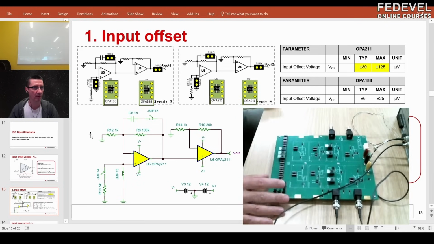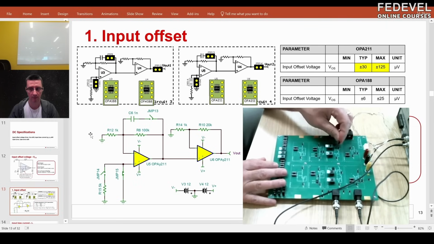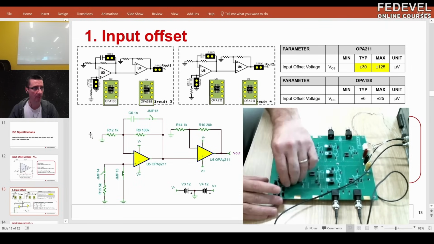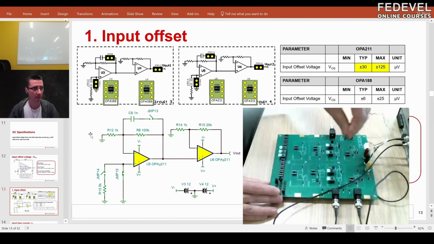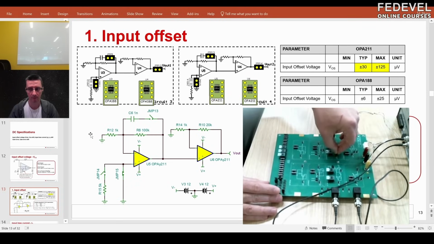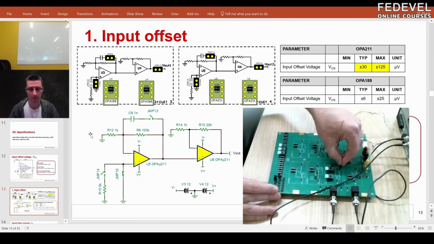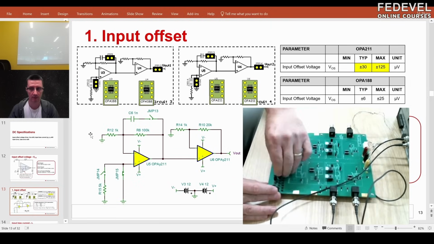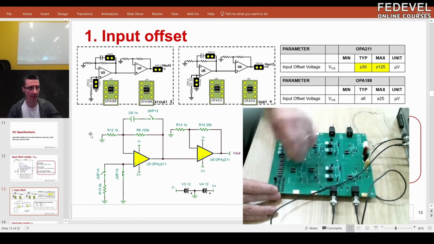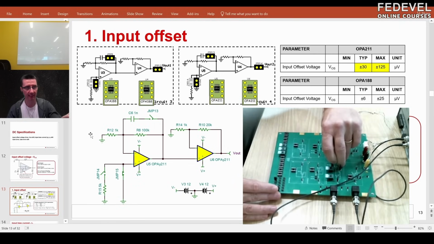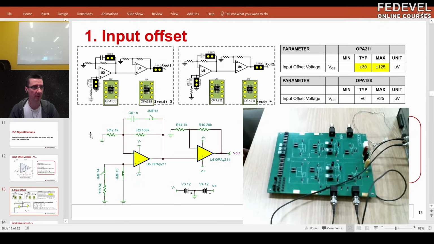I just installed these DIP adapter cards with SOIC versions of the amplifiers, and I'm putting jumpers to connect the amplifiers to the test equipment. So you created 2 different circuits, one with the 188 and the other one with the 211? That's correct.